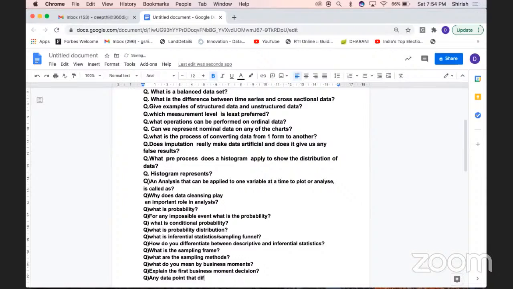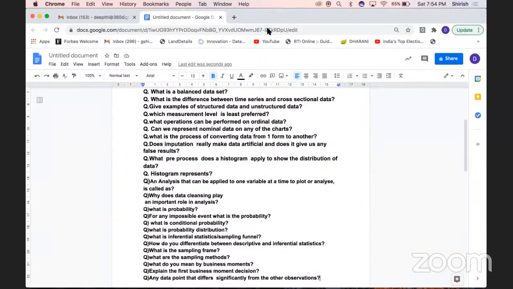What is that called, friends? That differs significantly from the other observations. I'll write it. Yes, friends, Kiran already said, yes, it is an outlier.